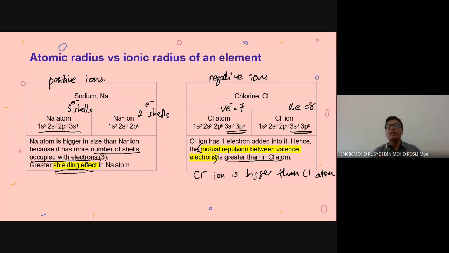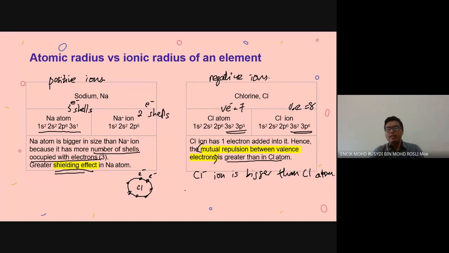So repulsion ni adalah daya tolakan lah, diorang saling menolak antara satu sama lain. Because of electron yang berada pada, okay, contoh kita ada lukis luar je lah ni. Okay, so 1, 2, 3, 4, 5, 6, 7. Okay, so elektron yang kat sini, dia charge dia sama. Okay, katakanlah ini in Cl.